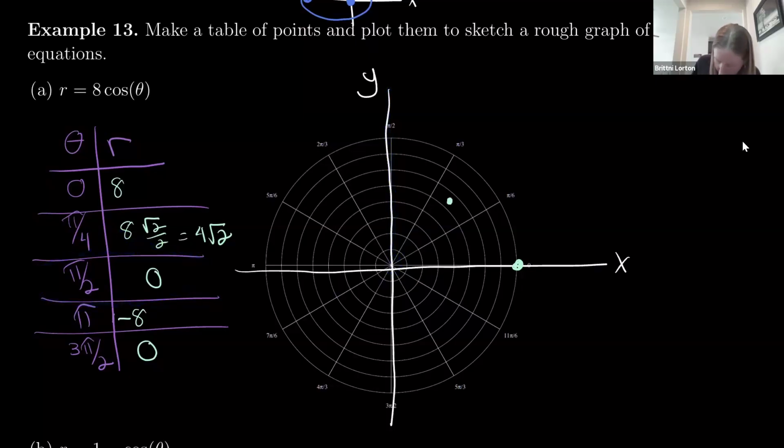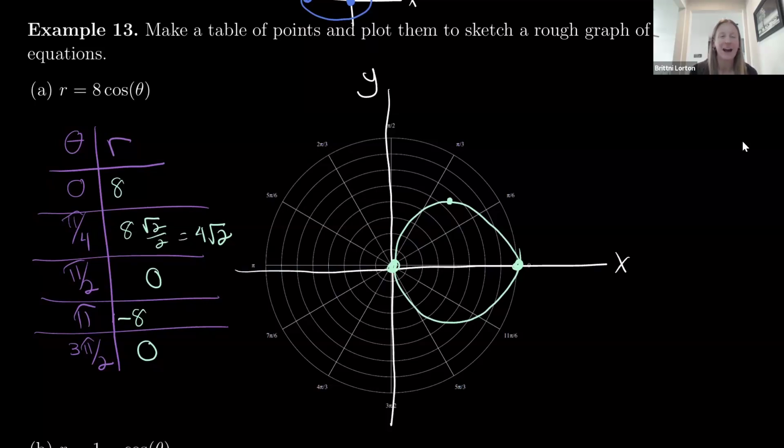So I'm going to end up right there at the origin. And then I'm going to face the angle of pi, and I'm going to walk -8 units. So face the angle of pi and walk backwards 8 units, and I would have ended up right here. And you can kind of see I should have done a whole lot more points. I only chose a few of them, but it ended up looking like a circle. Pretend I'm a good artist.